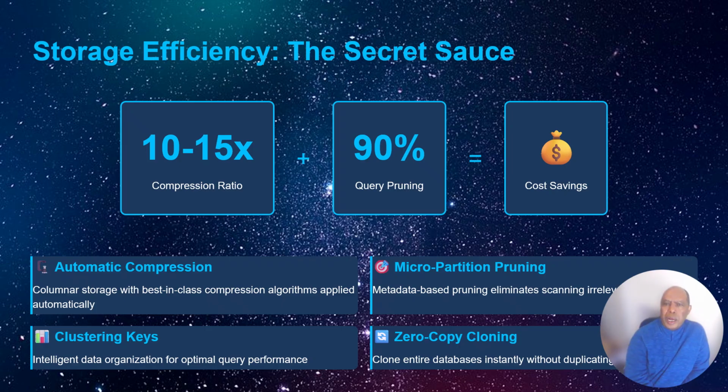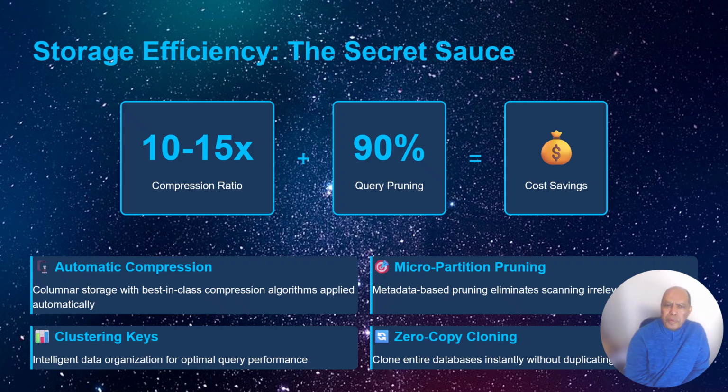Automatic compression applies the most efficient compression algorithm based on your data characteristics. String columns might use dictionary compression, while numeric columns use different techniques. Micro-partition pruning uses the metadata we discussed to eliminate scanning irrelevant data blocks.